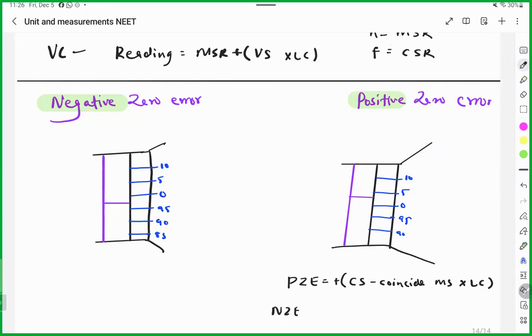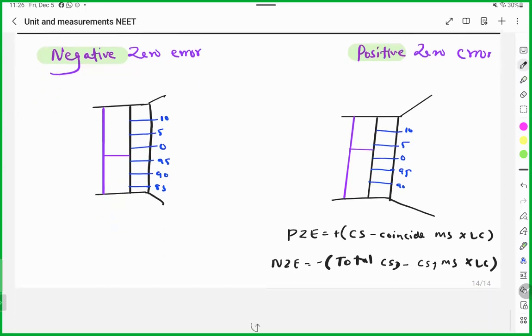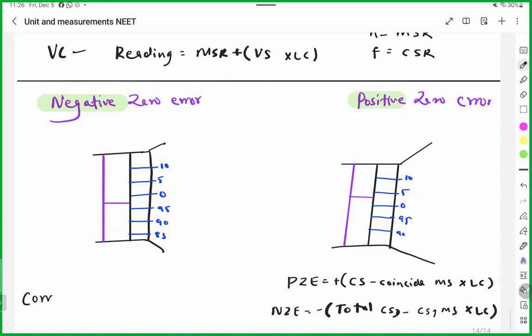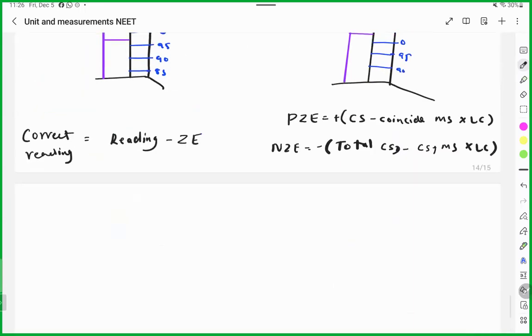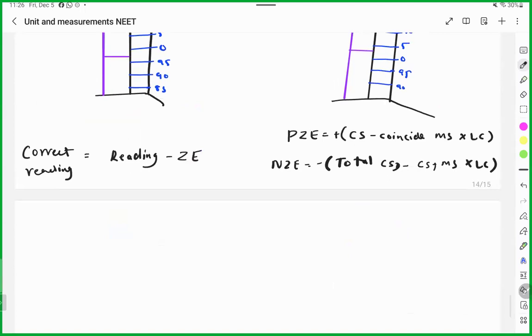Negative zero error, overall, it will be negative: total circular scale division coinciding with main scale division multiplied by the least count. Everything is the same as the previous one. And how to calculate the correct reading in this scale? It will be equal to whatever is the reading minus zero error. Always minus zero error, and your topic is done.